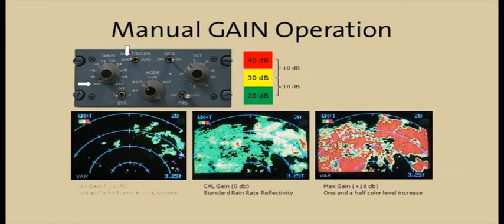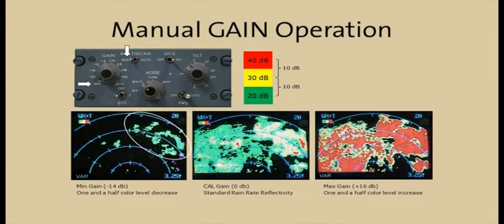Conversely, selecting minimum gain decreases the sensitivity by 14 dB and reduces the color levels approximately 1.5 times. Thus, green returns and a significant portion of the yellow returns will disappear, and red will turn to yellow or green.